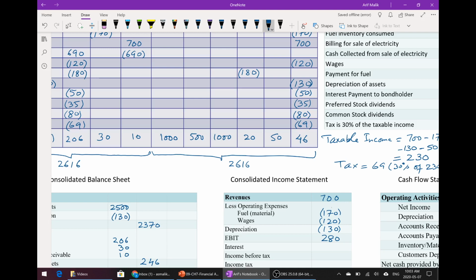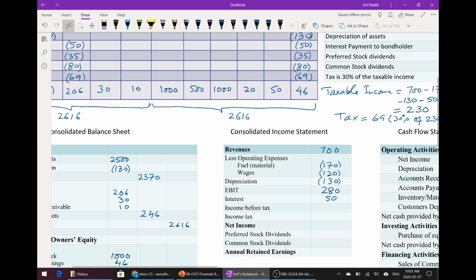And then we paid interest, which is 50 here. Interest is negative again here. Then income before tax is 230, and the income tax is 30% of that. We already calculated that, 69 here, and this is again negative.